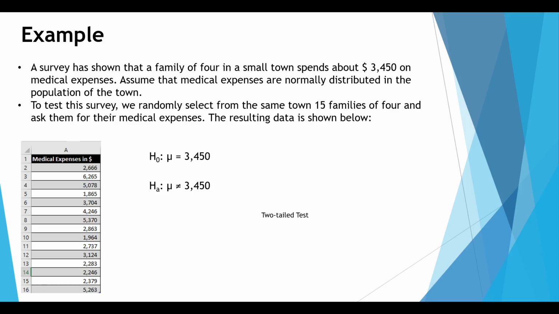The resulting data is shown on the left below. And so we have the null hypothesis that the population mean is equal to 3,450, and the alternate hypothesis is that the population mean is not equal to this value.